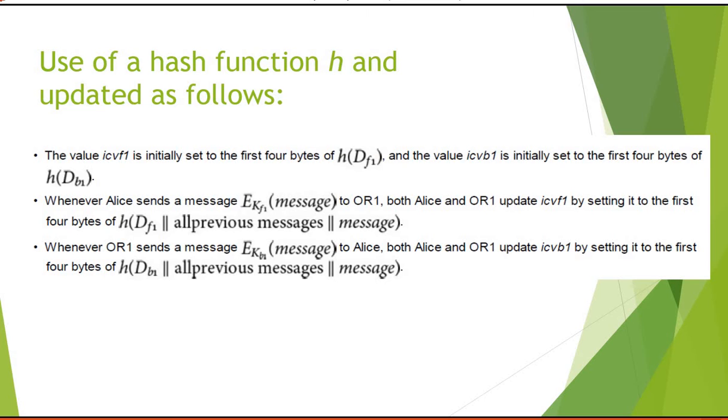Now the integrity check value is ICV-B1. Then the hash function will be applied, and the hash value of all the previous messages will be concatenated to the message. That will be transferred from onion router 1 to Alice.